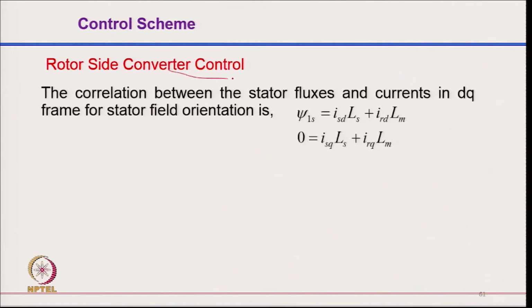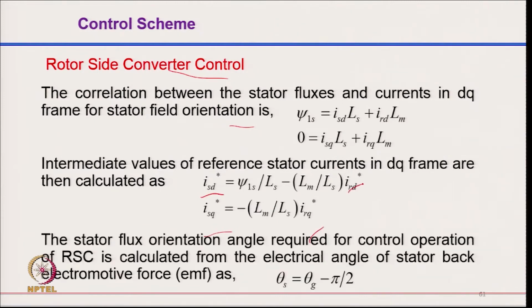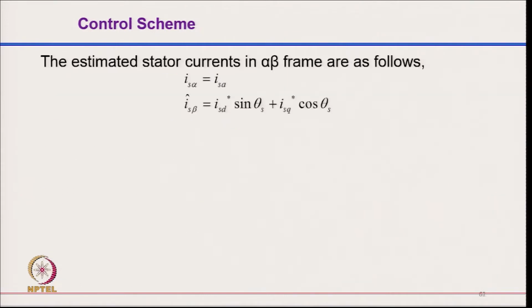So, the rotor side converter control is typically between stator fluxes, and we normally use the vector control in DQ because this quantity becomes DC, and the design of the PI controllers, where you have a number of them, becomes easier. This is typically your D axis and Q axis current of the stator from the rotor D axis and Q axis current, corresponding to your stator flux angle.